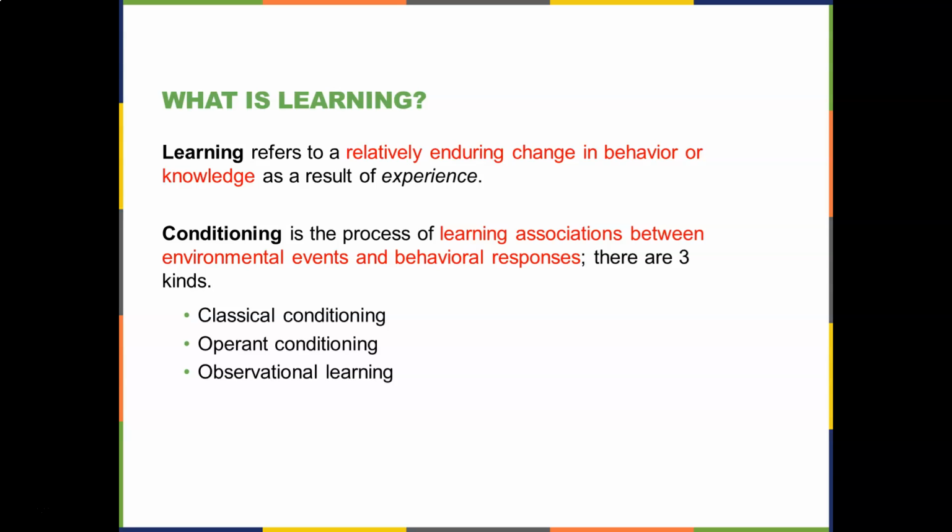Learning has to do with experience, but we want to start taking a look at some of the different types of experience that result in learning. One of these that we'll start with is what's known as conditioning. That's basically the process of learning associations between environmental events and behavioral responses.